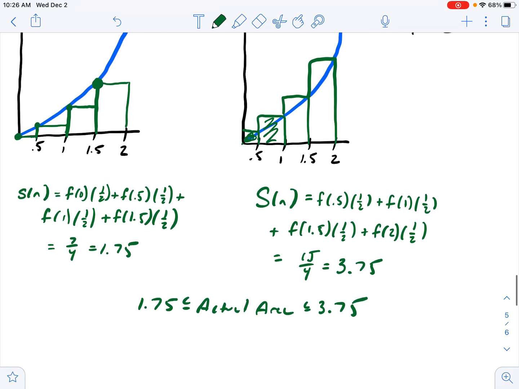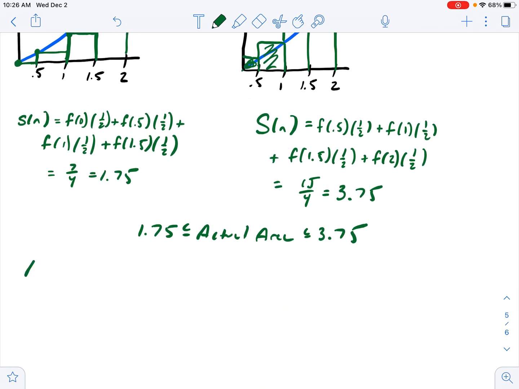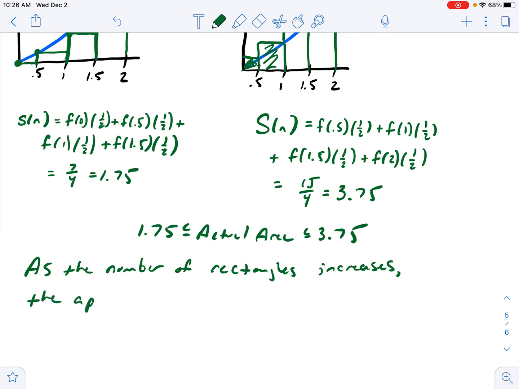So what seems to be happening here as we increase the number of rectangles? Well, you should see that the approximations are getting closer and closer to the true area.